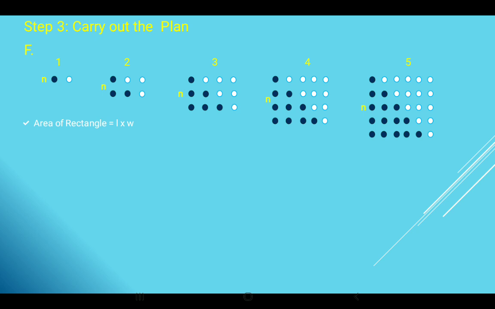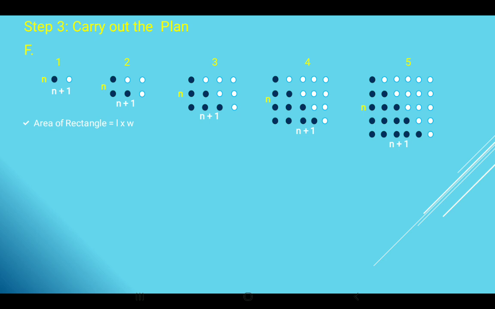So, dahil nga kung yung sa first term we have 1 blue dot sa side, in the second term we have 2 blue dots, in the third term we have 3 blue dots, in the fourth term, we have 4 blue dots. In the fifth term, we have 5 blue dots. So, represent natin yun as n. Next, in the width, naging n plus 1 siya. Bakit naging n plus 1?